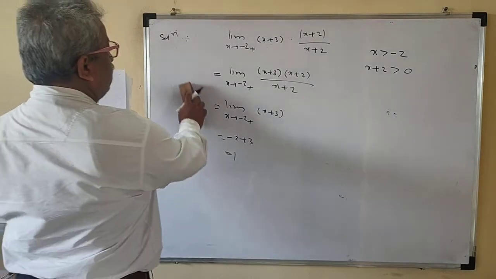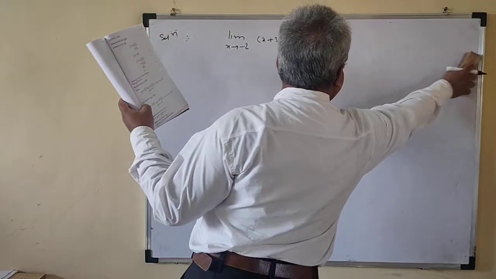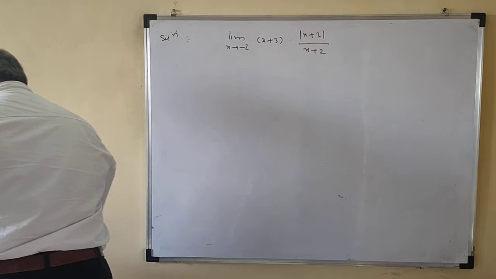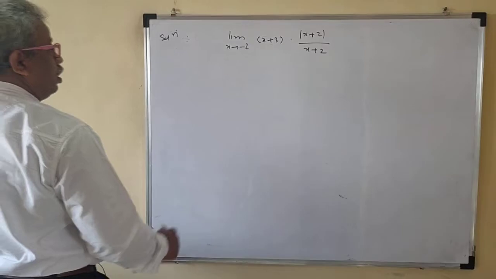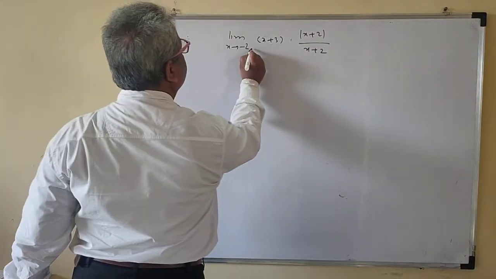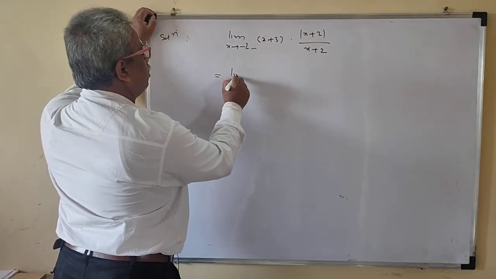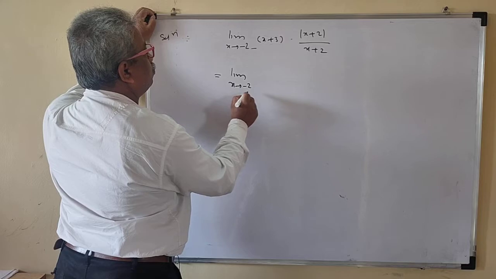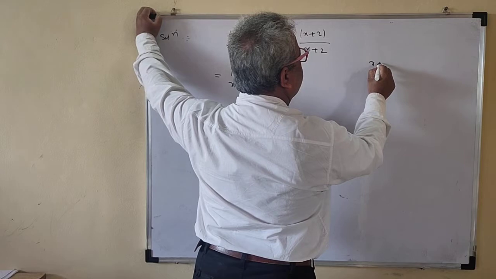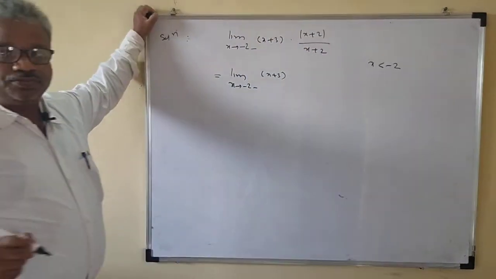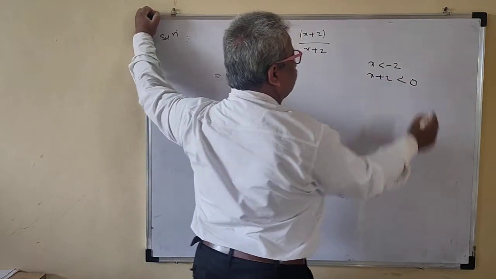Now next, x tends to minus 2 minus. This we have to evaluate. So the limit as x tends to minus 2 minus of x plus 3 times mod of x plus 2 upon x plus 2. Now x tends to minus 2 minus means x is less than minus 2, means x plus 2 is less than 0.